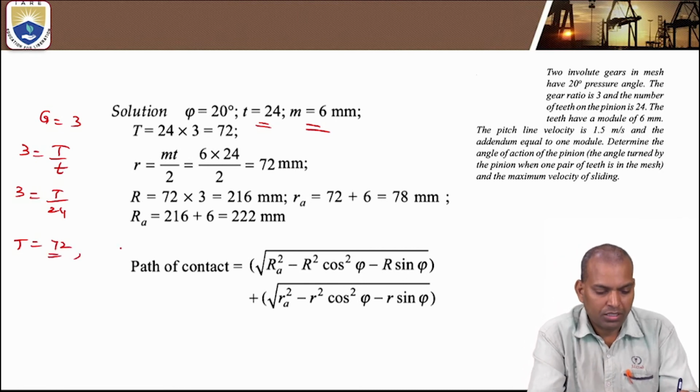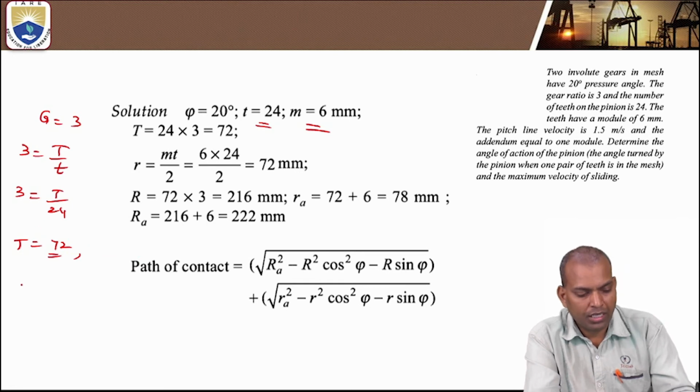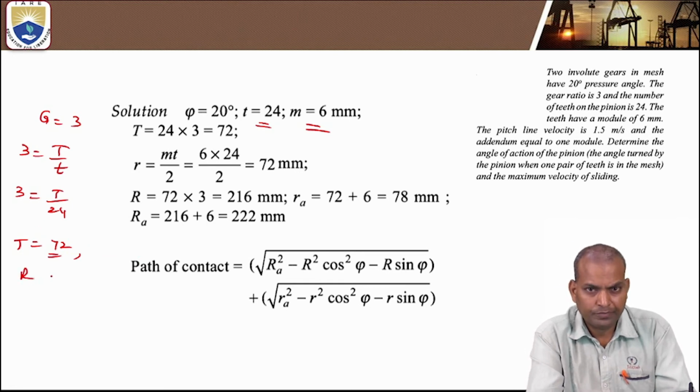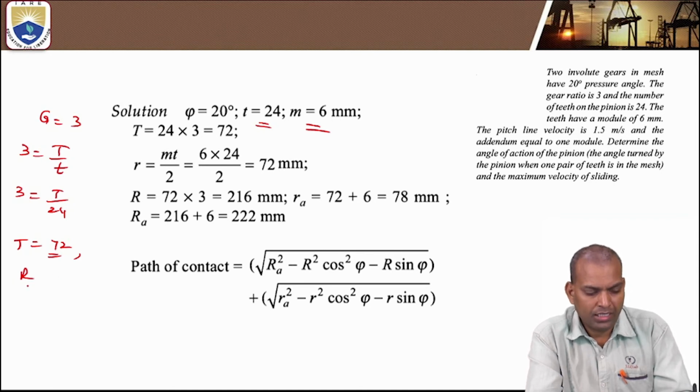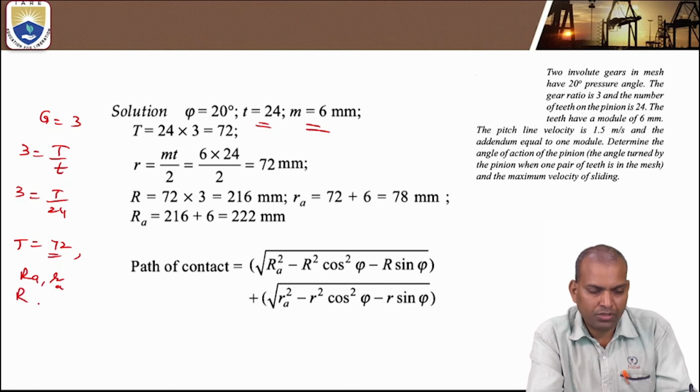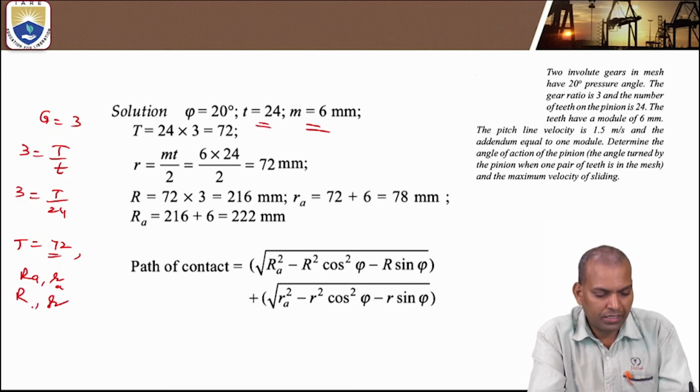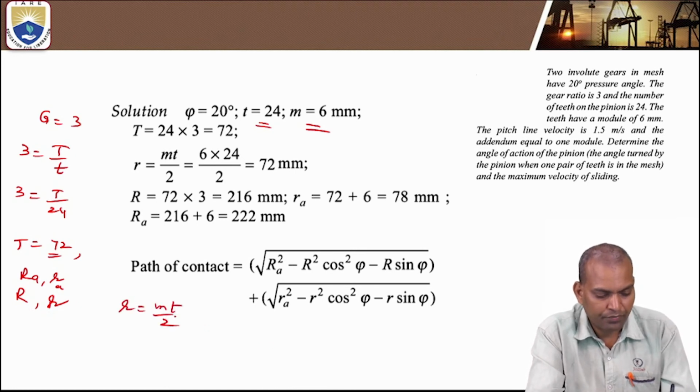Next we need the addendum radius of the wheel, the addendum radius of the pinion, the pitch circle radius of the wheel and the pitch circle radius of the pinion. How to calculate? We know that r equals m into t by 2.